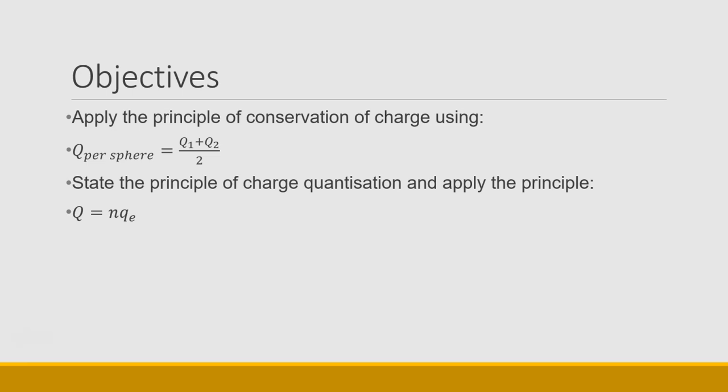We don't get a third of an electron or half a proton. They come in whole electrons and in whole protons. So the total charge on an object, let's say if it's negatively charged, can be calculated as the number of excess electrons on that object multiplied by the charge of one electron.